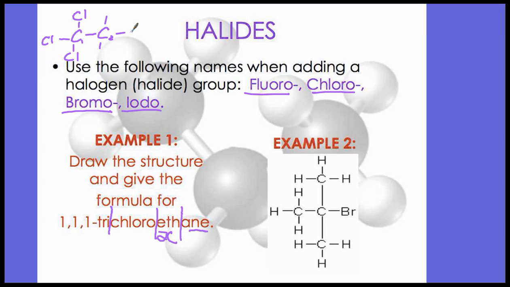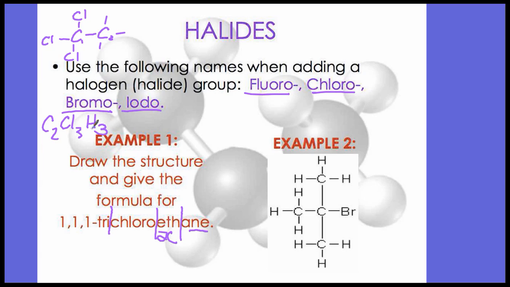Now if we did our full Lewis structure, these guys would have the dots around them, but we can simplify it for this unit and we don't have to. Would that be C2, Cl3, H3?